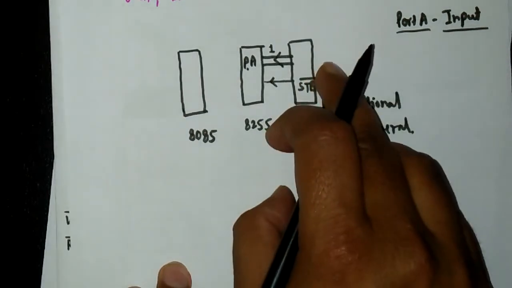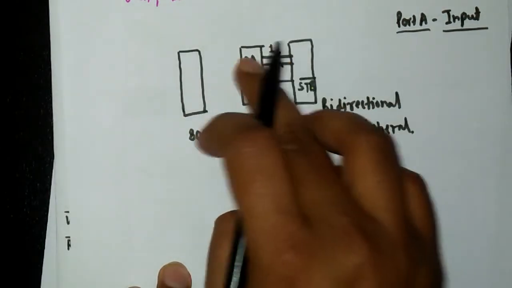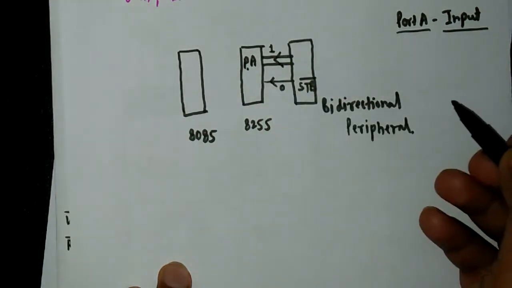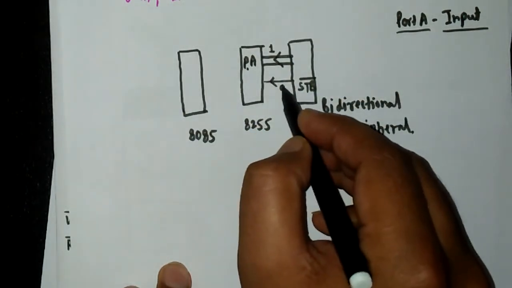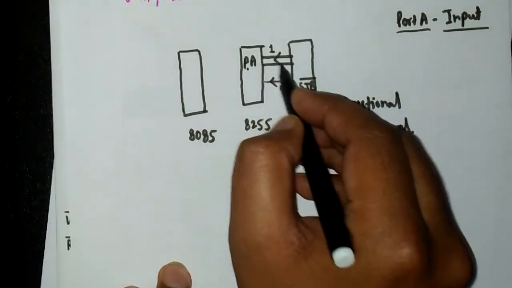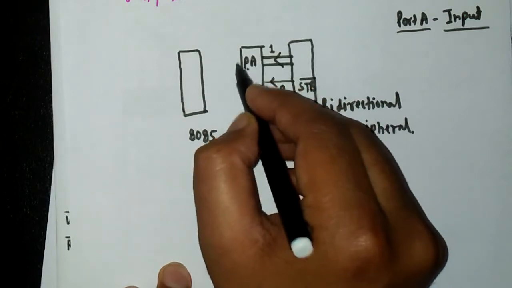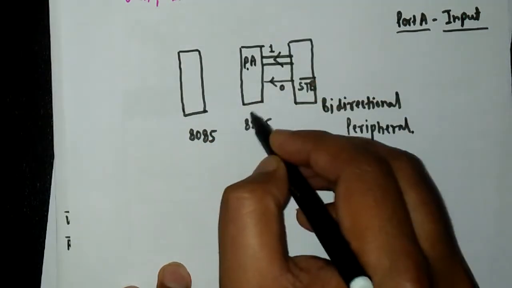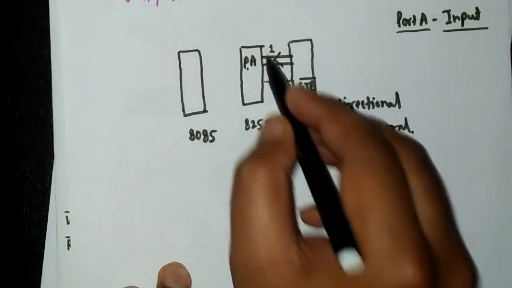So first of all, the peripheral device will send the data, and in order to inform that I have sent the data, it will put a 0 on the STB bar pin, and this 0 on the STB bar pin will cause this data to be latched into the input latch of the 8255, and now the 8255 will have that data inside it.